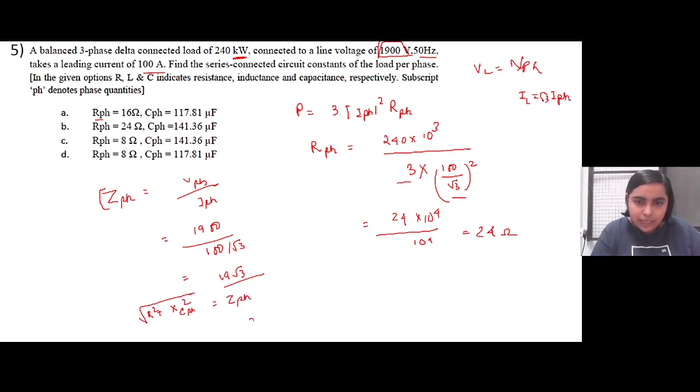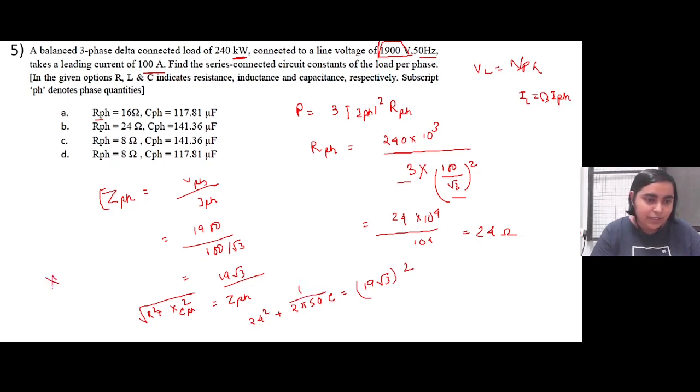So we have 24 square plus XC square equal to 19 root 3 square. You can calculate C phase here, right? Sorry, this will be XC.